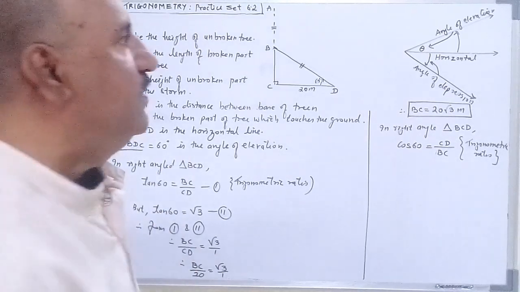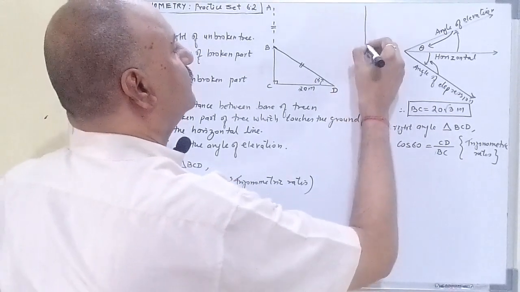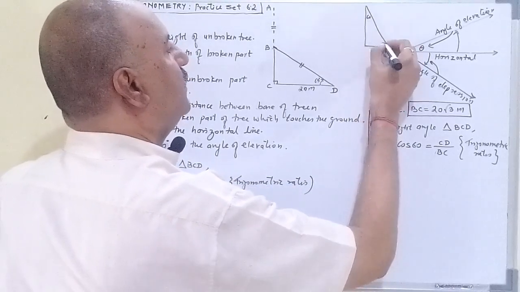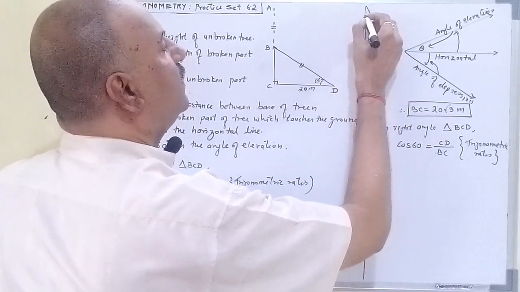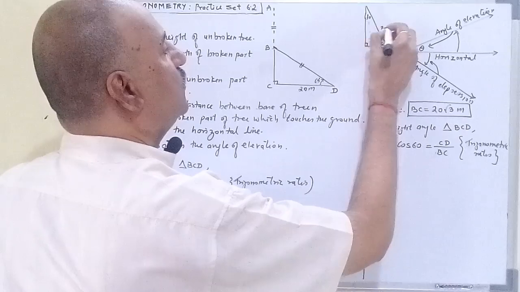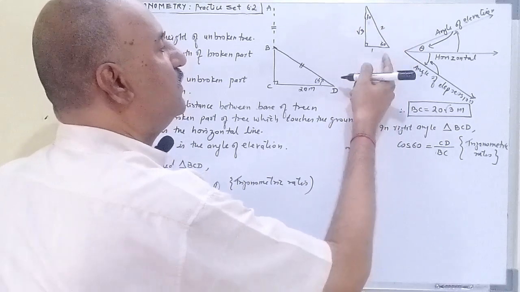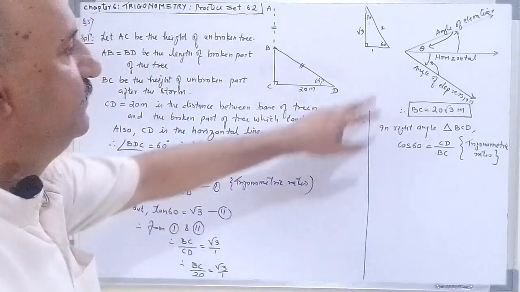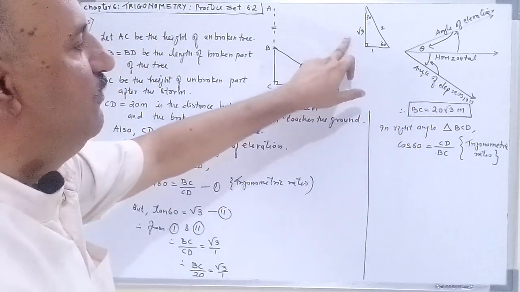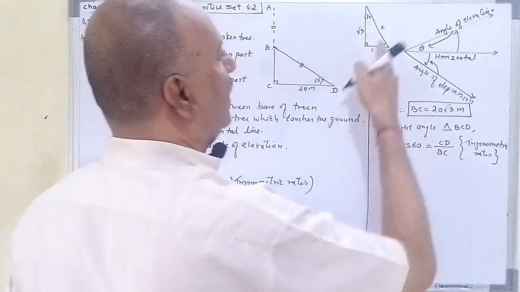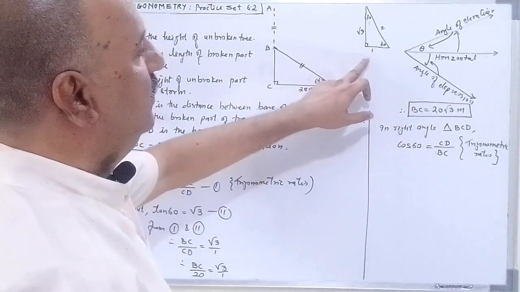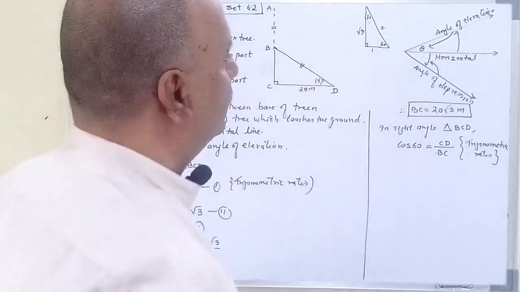Remember I had drawn the figure, this is 30, 60, this is 90. So 1, 2 and 3. So what is cos 60? Adjacent upon opposite. No, adjacent upon hypotenuse, sorry. Cos 60 is adjacent upon hypotenuse.